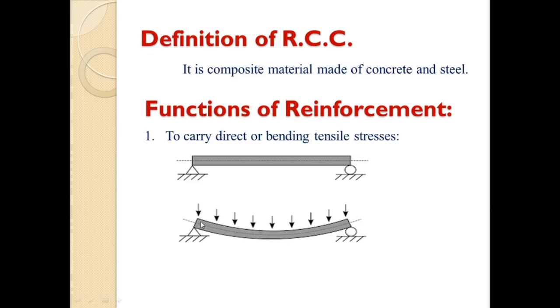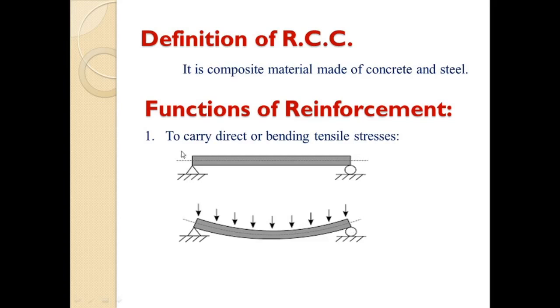Okay, so compressive stresses develop on the top surface and tensile stresses develop in the bottom surface. And we know the concrete is very weak in tension, so to avoid cracks at the bottom face of this beam, or tensile failure of this beam at the bottom fiber, we provide the reinforcement at the bottom. Okay, so to resist the tensile stresses.